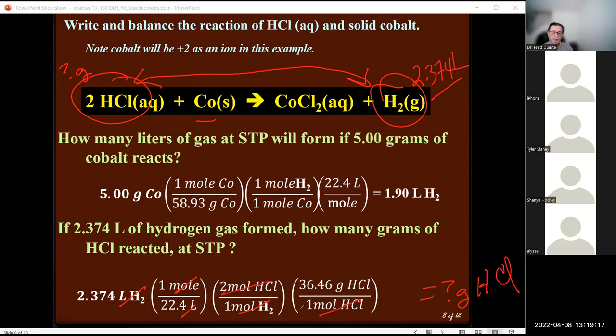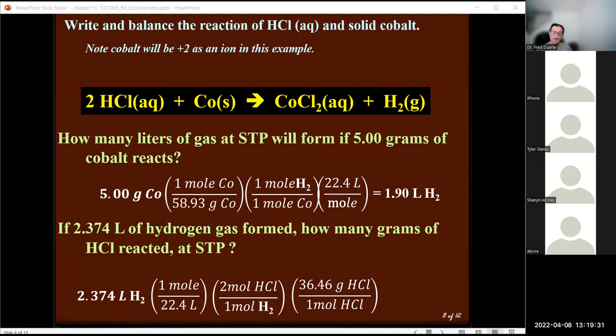They are canceling out, leaving me with units of grams of hydrochloric acid. So all I gotta do now is plug it in the calculator. And you should end up with 7.72 grams of hydrochloric acid.